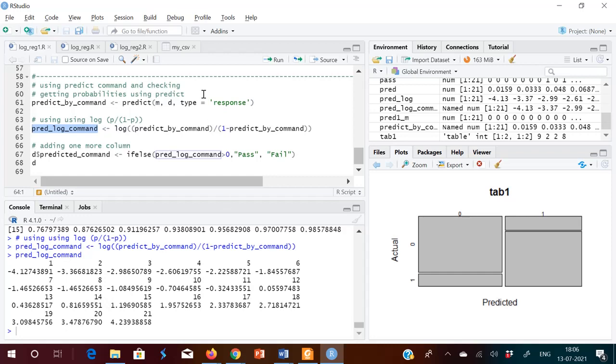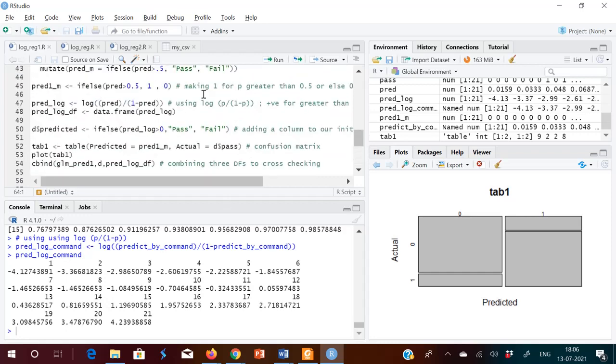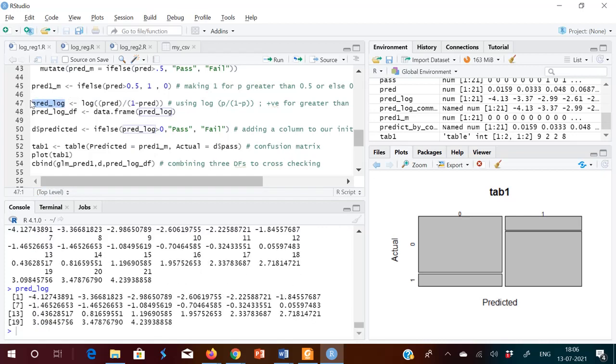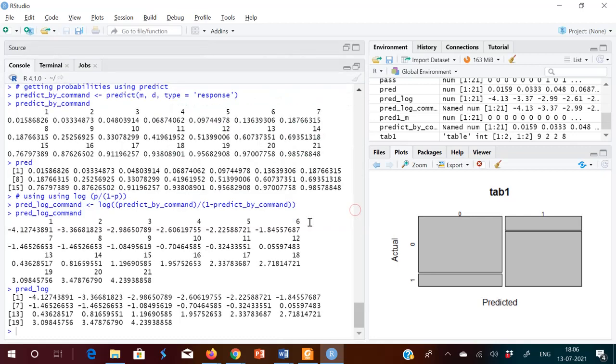You can just check. See, both are same. Okay, you can see here both are same. Initial one is minus. See here, this 2, and last also you can check same.